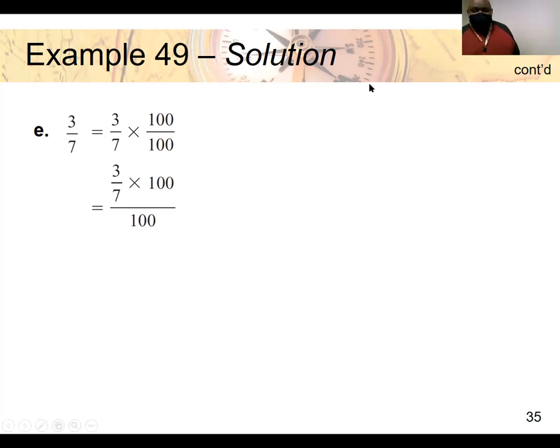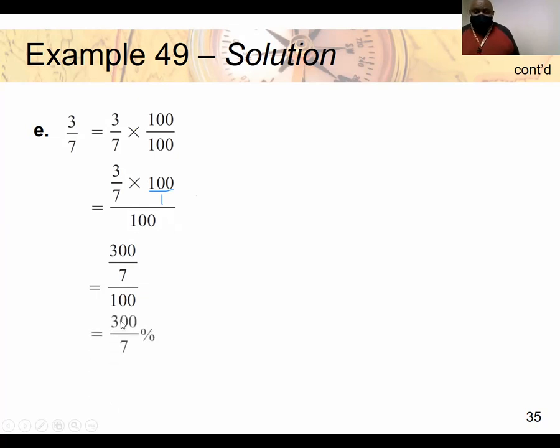And usually we'll treat 100 as 100 over 1. Okay. And then this will be 3 times 100, which is 300 over 7 times 1, which is 7. And that fraction will be over 100.